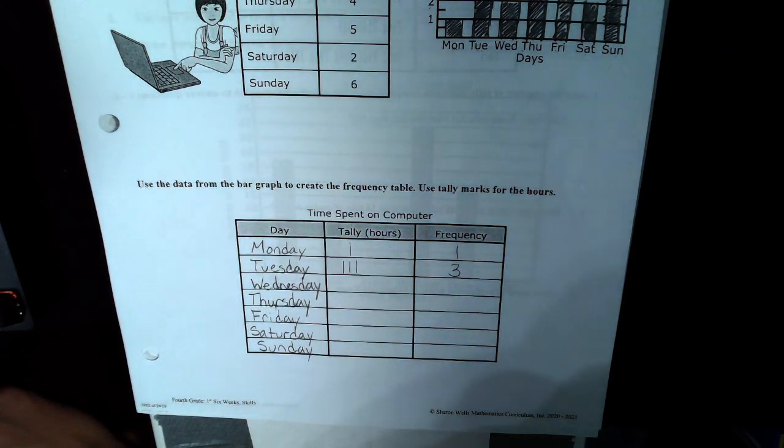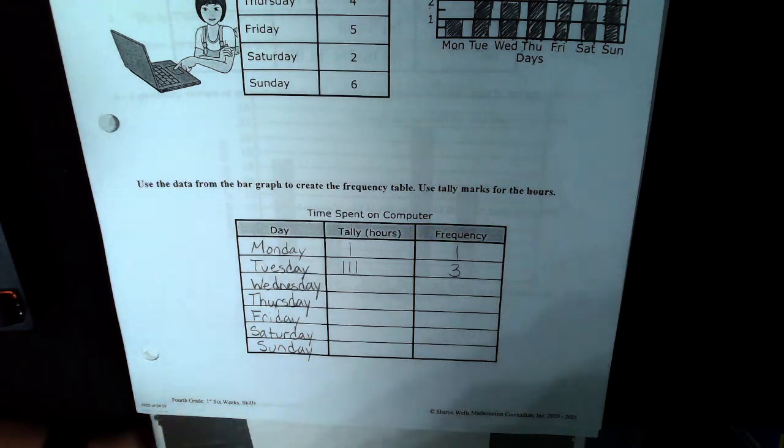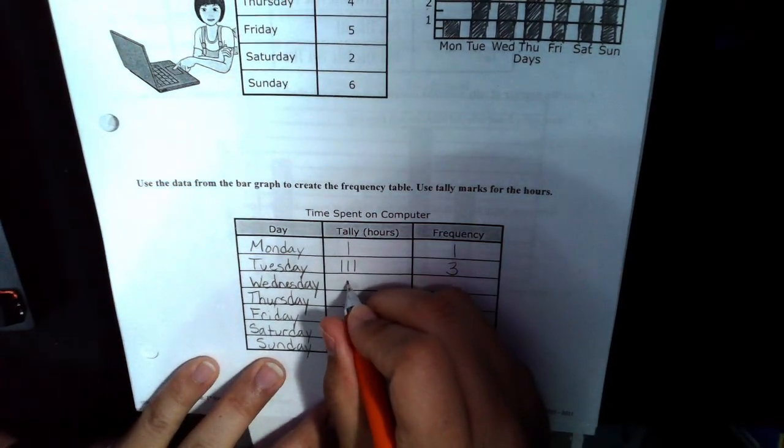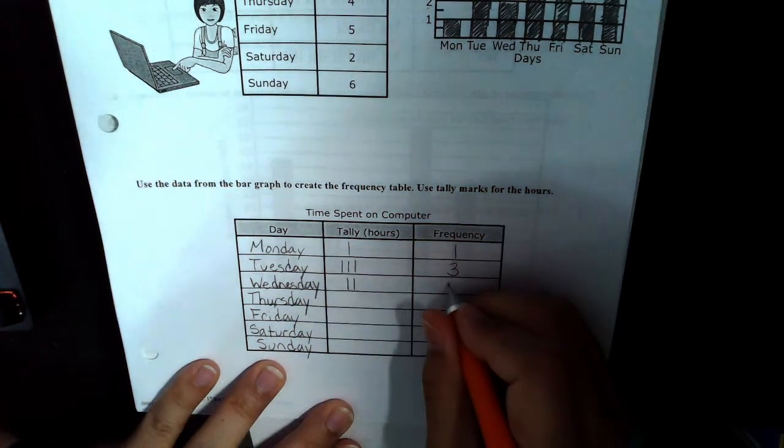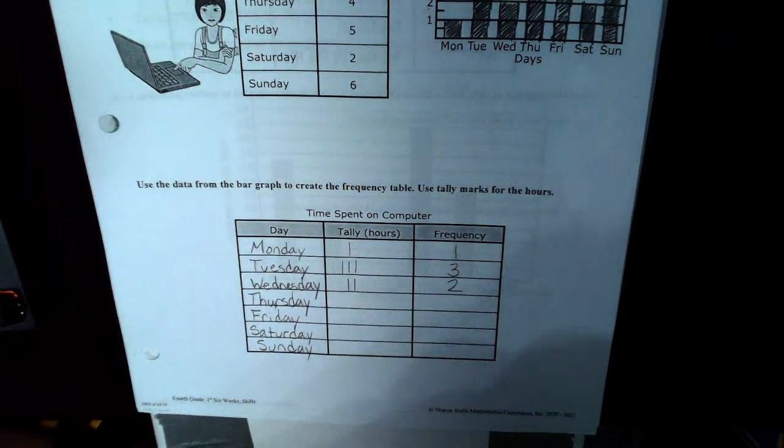What about Wednesday? Bailey? 2. I'm going to put 2 tally marks and the number 2 for frequency.